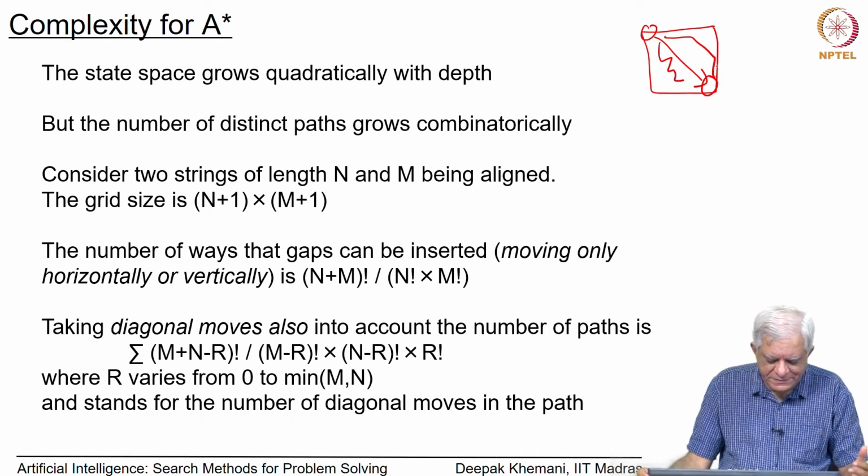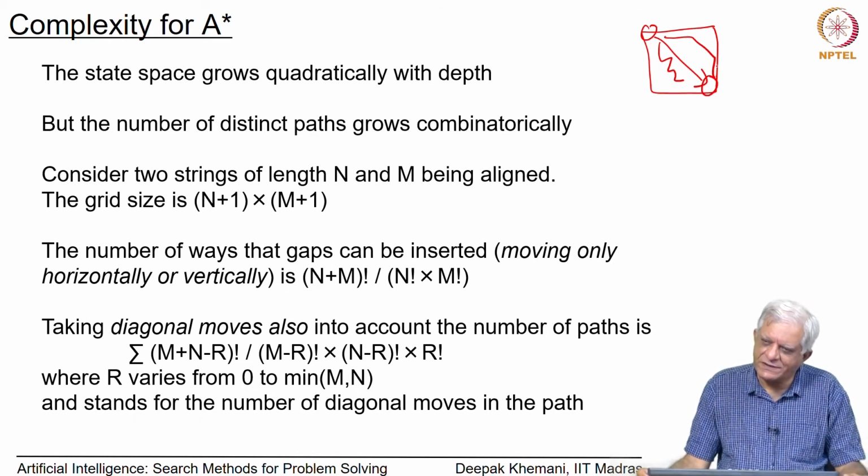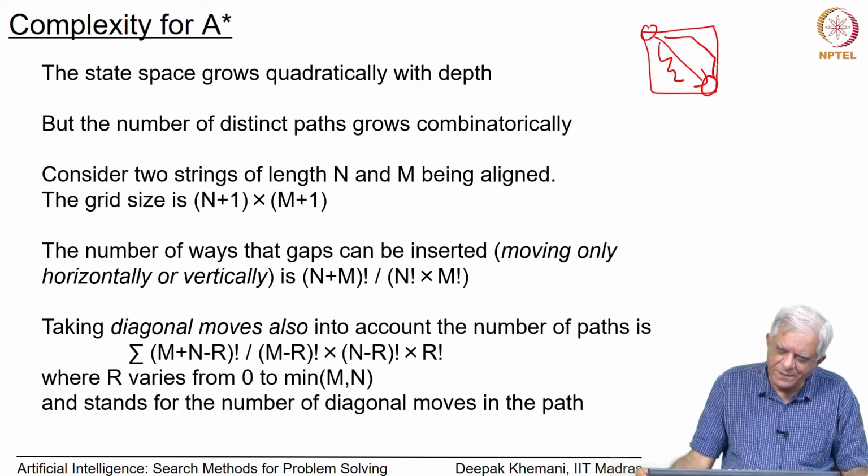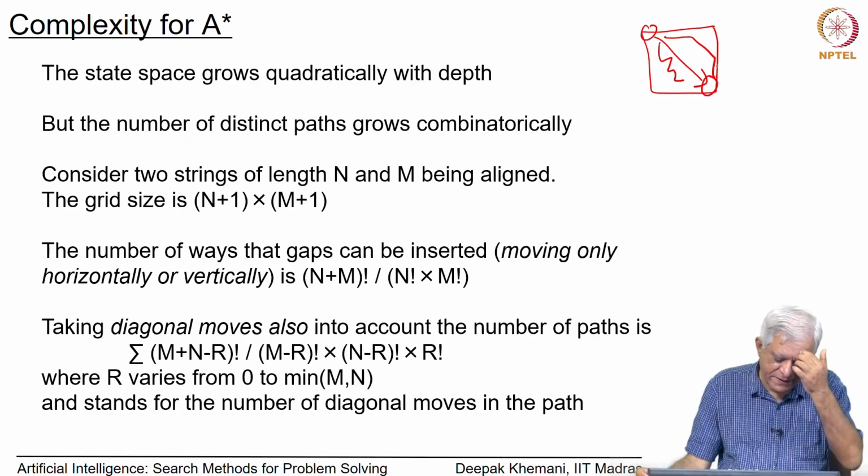The result is a summation to start with. It is not a closed form formula in that sense. It is a summation of this figure, which is (m plus n minus r) factorial divided by (m minus r) factorial multiplied by (n minus r) factorial multiplied by r factorial, and you vary r from 0 to the minimum of m and n.